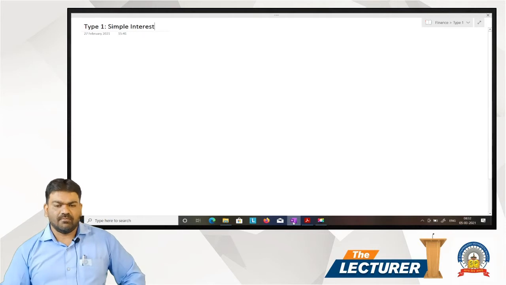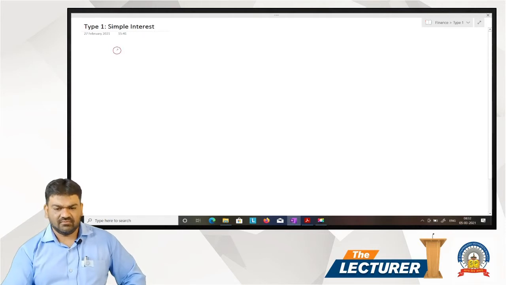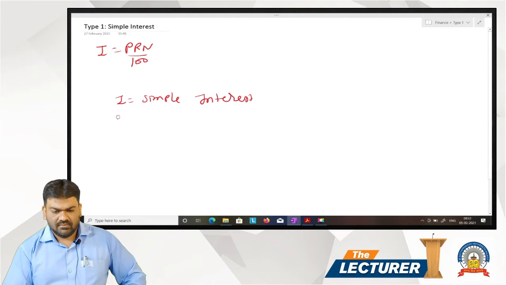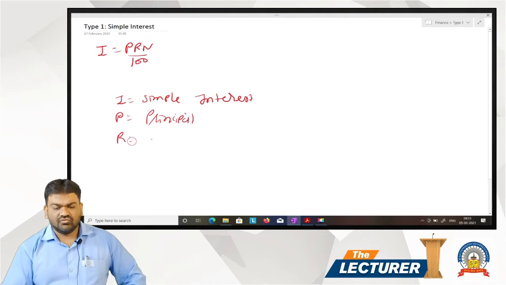Let's start from type 1. Type 1, simple interest. First formula, I is equal to PRN upon 100, where I is equal to simple interest, P is equal to principal, R is equal to rate of interest, N is equal to number of year.